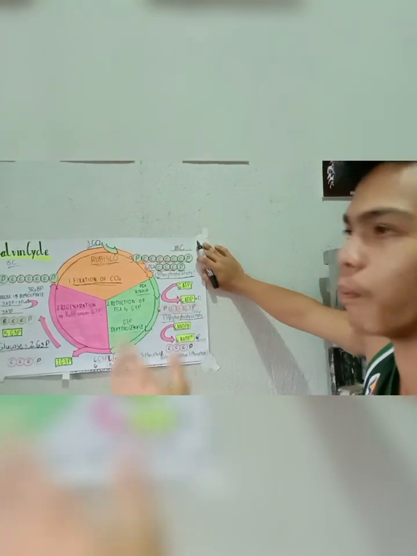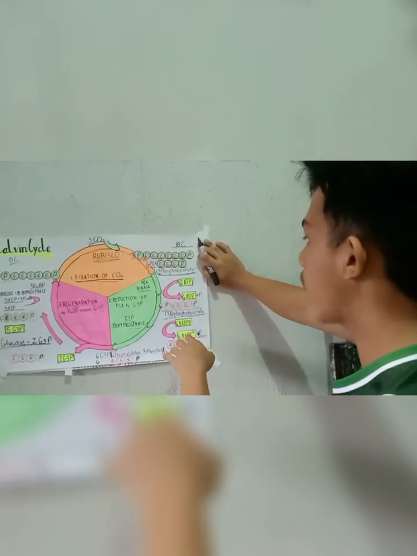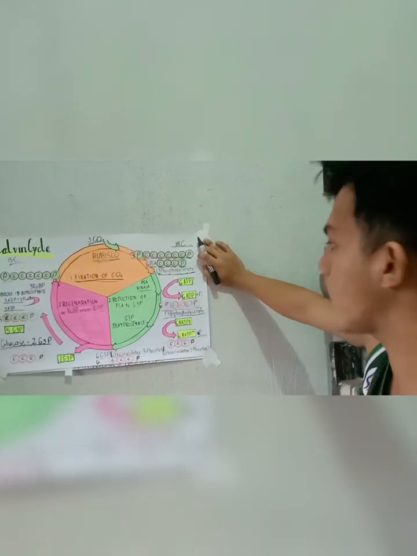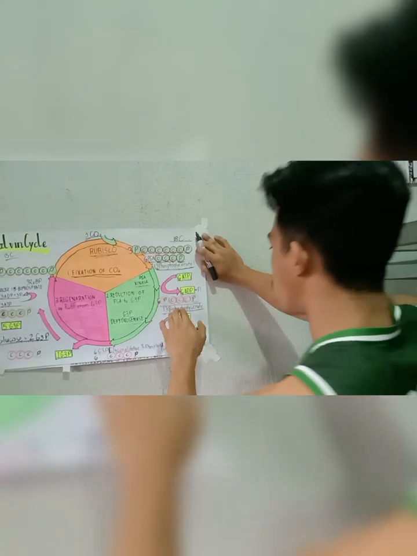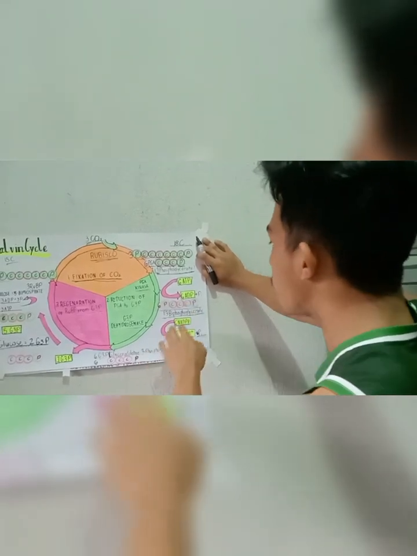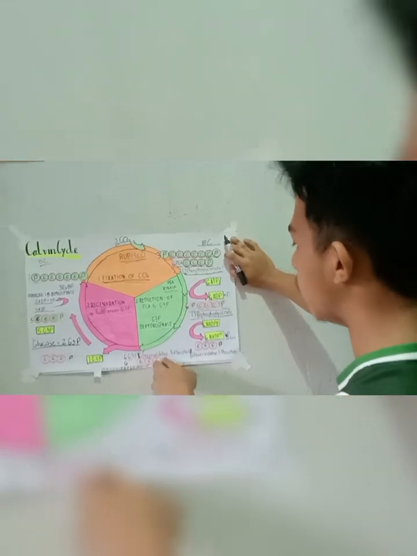So what will happen is the bisphosphoglycerate will turn again into one phosphate, but NADPH gives its electrons in order to make the bisphosphoglycerate turn into G3P, or glyceraldehyde 3-phosphate.